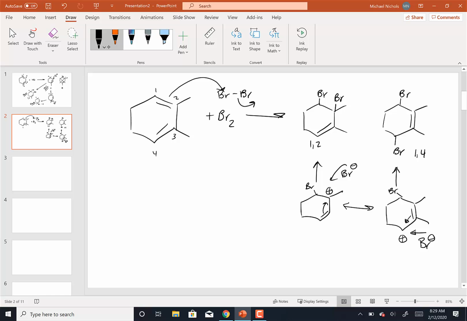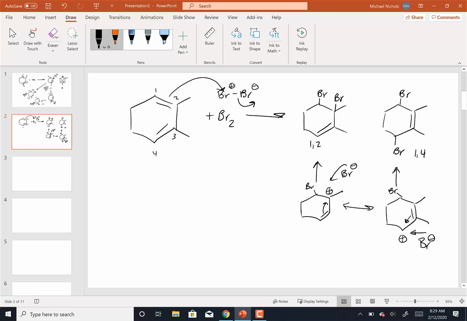Because remember, this is going to be essentially a Br plus and this is going to be a Br minus. And again, those arrows always move towards the positive charge. Why? Because the arrows represent the movement of electrons. They do not represent the movement of something else. They only represent electrons. Okay.